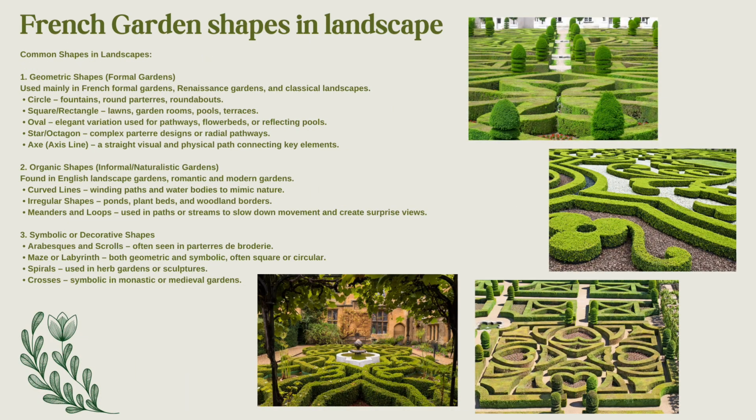And this is the French garden layout. The example we take is the Gardens of Versailles, designed by André Le Nôtre in the 17th century. The style is Jardin à la Française, the French formal garden. These are the French garden shapes in landscape. The first is geometric shapes for formal gardens, the second is organic shapes for informal or naturalistic gardens, and the third is symbolic or decorative shapes.